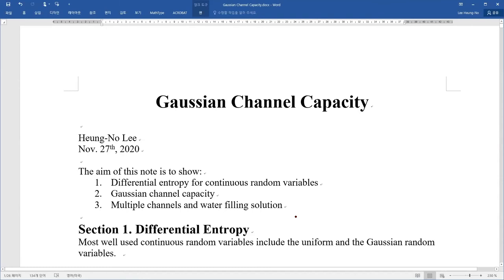And the third item is we will talk about multiple Gaussian channels and water filling solutions. Okay, these three items are the left subject until the end of this semester. So with these three subjects, I will conclude the course materials for this semester.